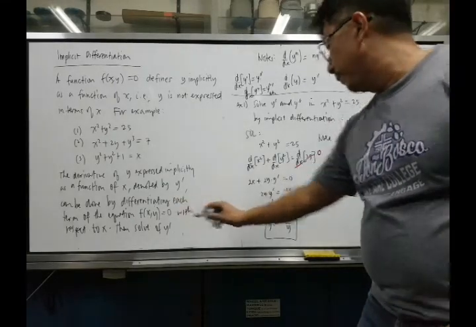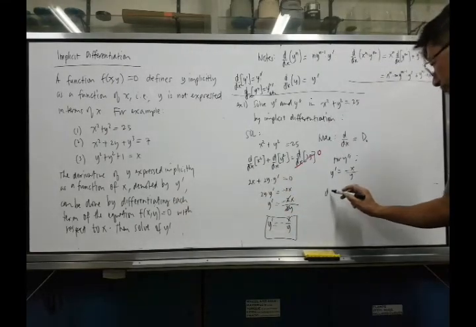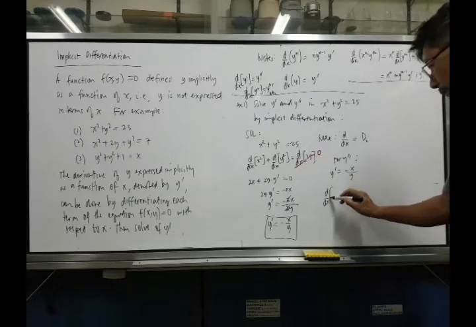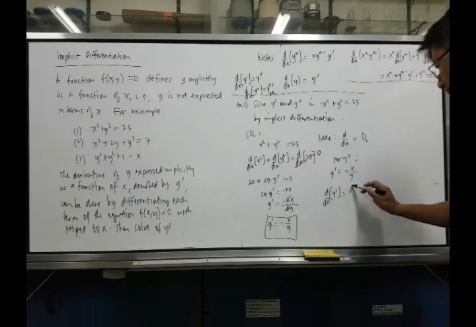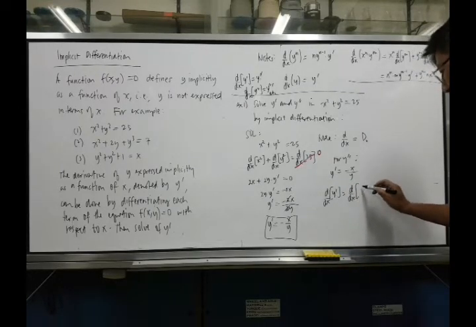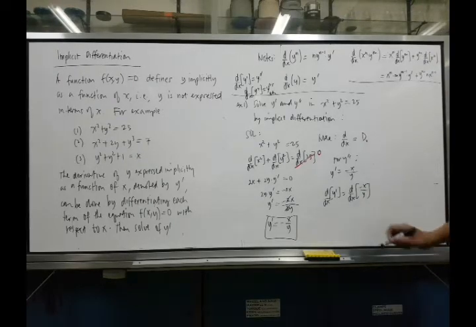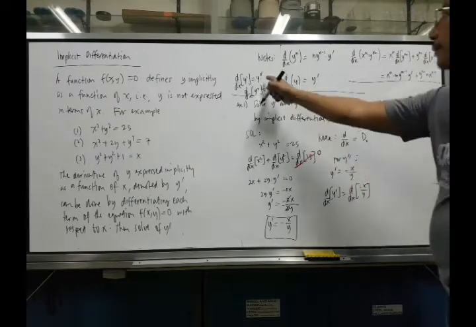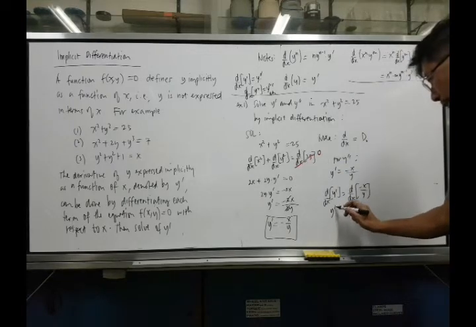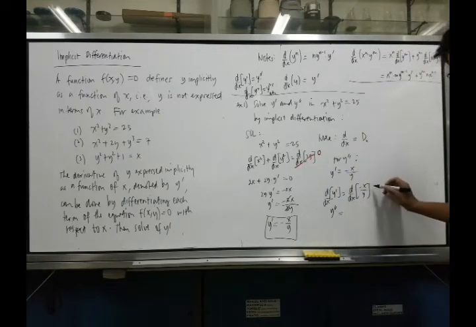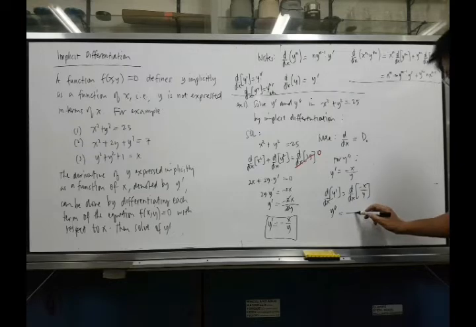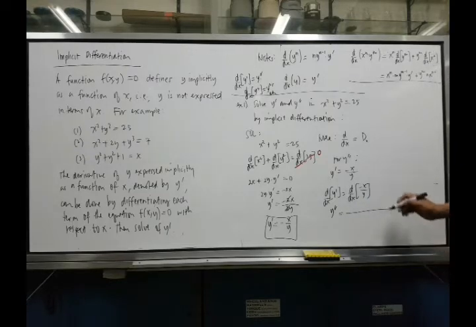So here, implicit differentiation means we now get the derivative of y prime, and we get the derivative of negative x over y with respect to x. The derivative of y prime is y double prime. Now we use the quotient rule here because it involves a numerator and denominator.